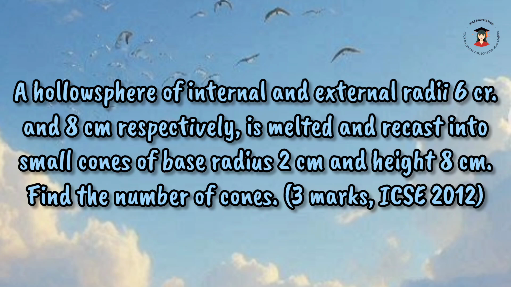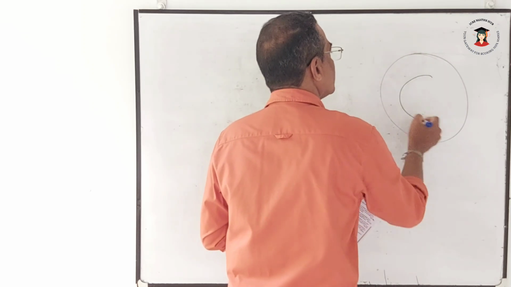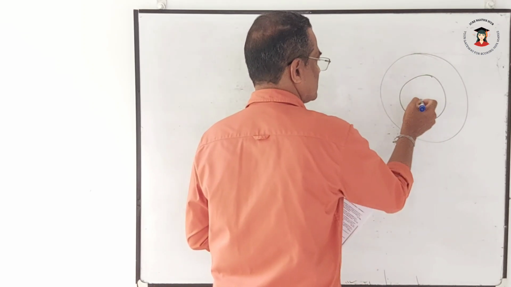The 19th question. In this question, a hollow sphere is melted and recasted into a number of cones. We have to find out the number of cones. So how will we find out the volume of a hollow sphere? A hollow sphere will have an internal radius and an external radius.